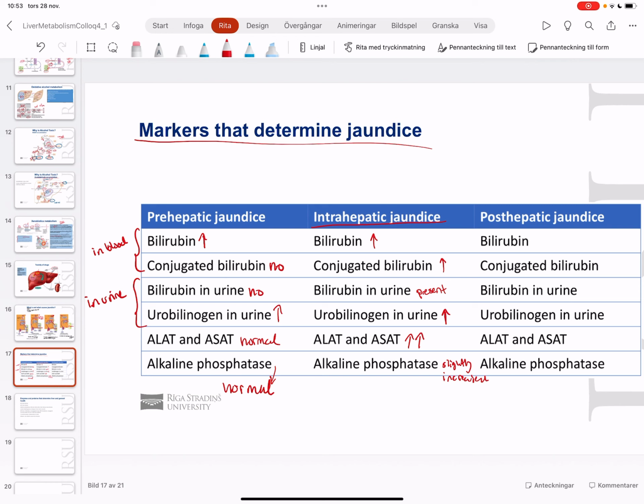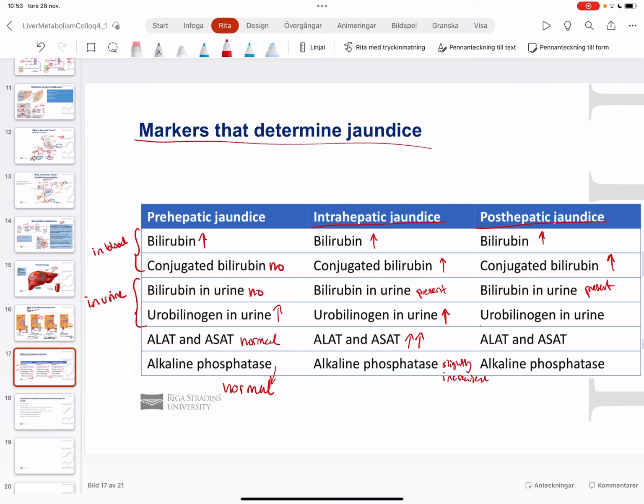And then bilirubin in case of post-hepatic jaundice will be increased, and conjugated will also be increased. Bilirubin in the urine will be there, but not increased or decreased, but there will be bilirubin there.